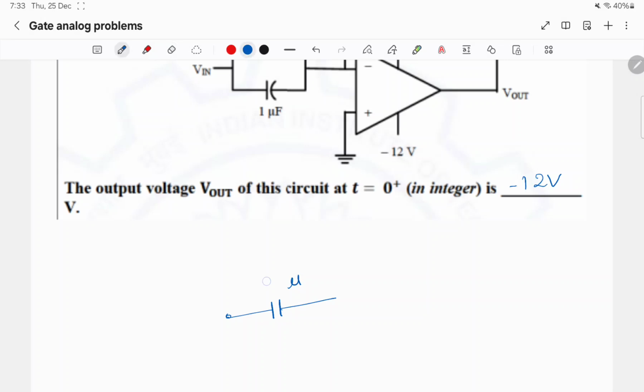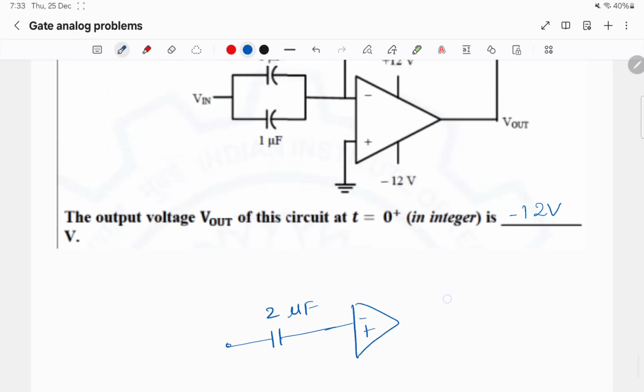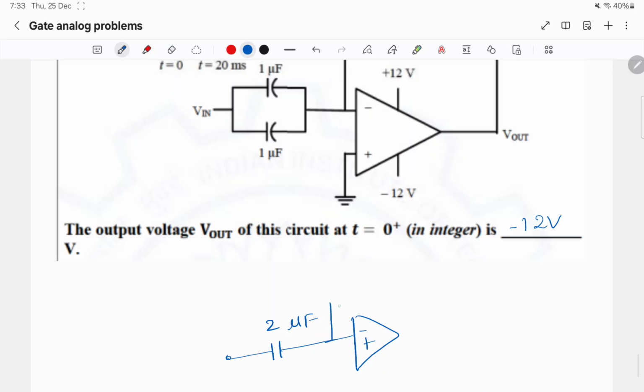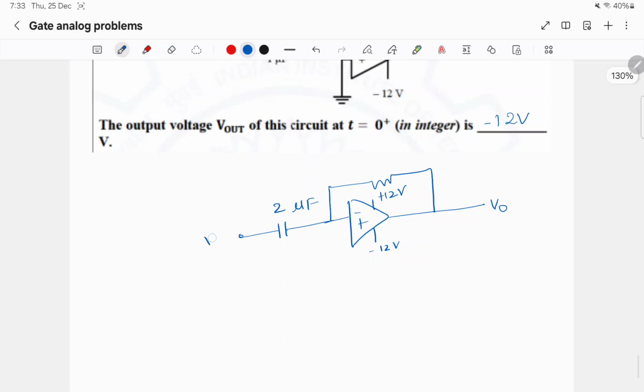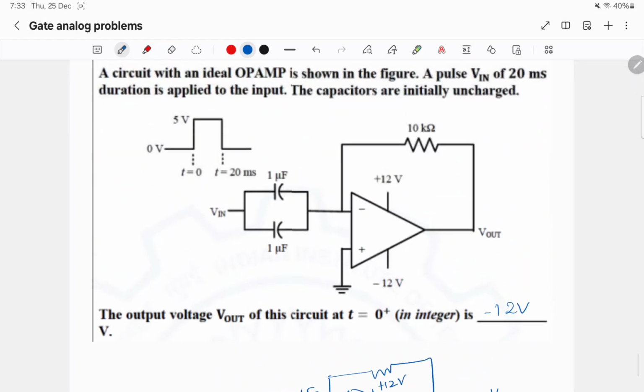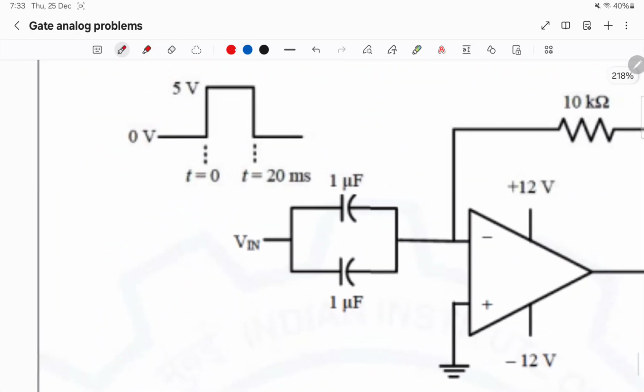They are in parallel. Positive V side is plus 12, negative V side is minus 12 volts. And Vin is applied, and again they are asking at t equals 0 plus.